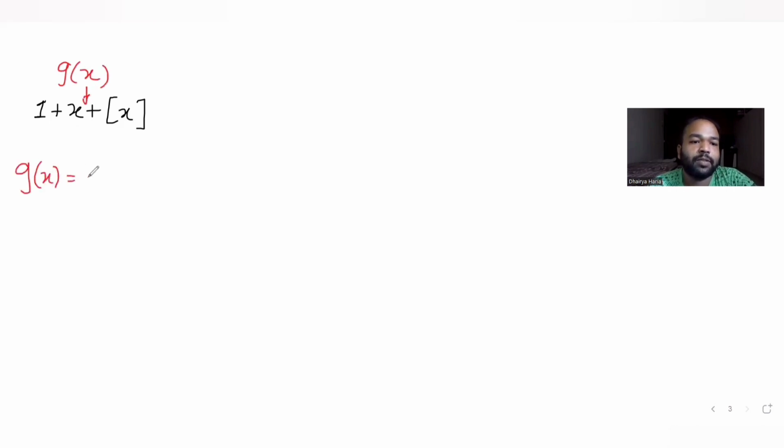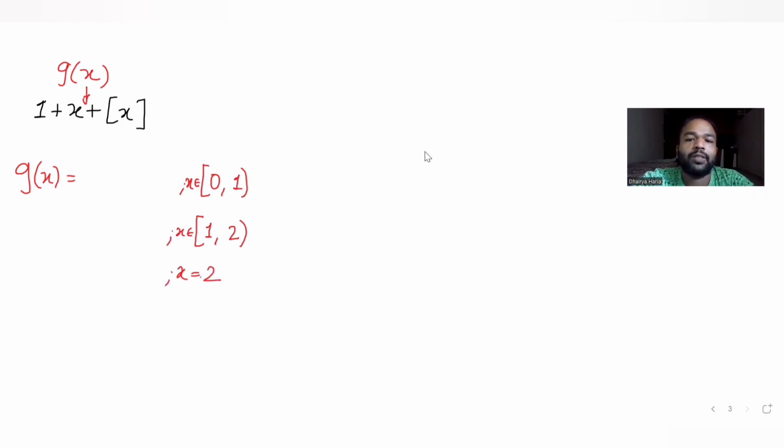Let's see what it becomes when x is in the interval from 0 up to but not including 1, then from x equal to 1 till 2, not including 2, and in the third part, x equal to 2.